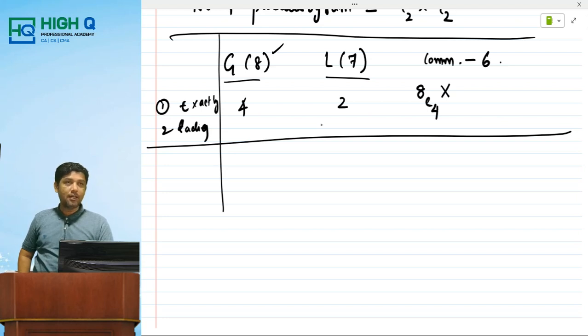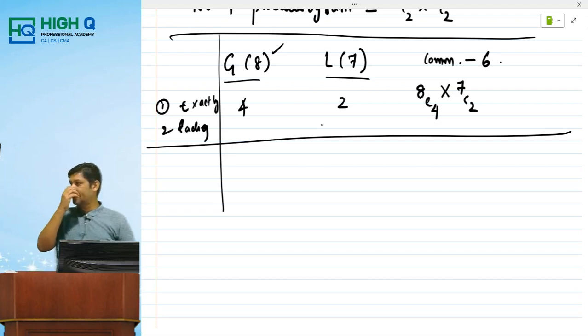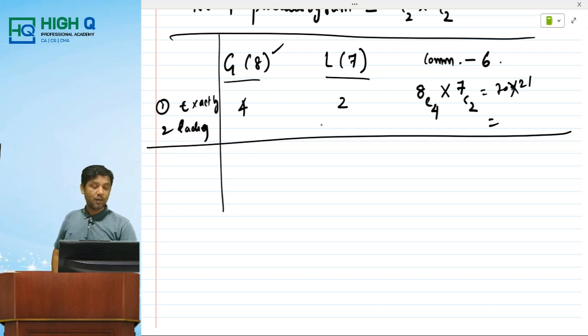And out of 7 ladies, choose 2. Simplify and get the answer. 8C4 is 8 into 7 into 6 into 5 divided by 4 into 3 into 2 into 1. The 4 and 2 get cancelled, 3 2s are 6 okay, 7 2s are 14, 14 5s are 70. This is 70 into 7C2, which is 21.